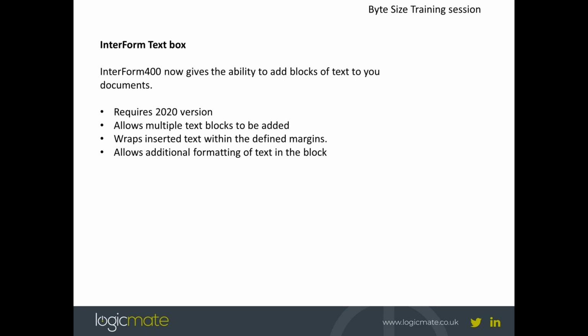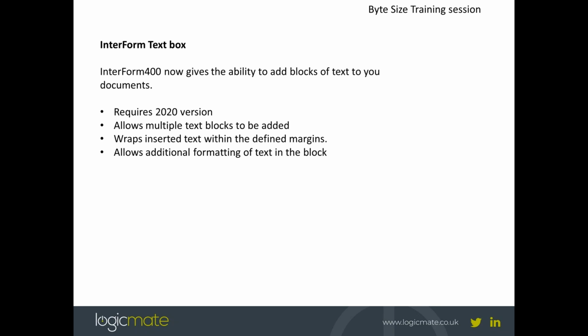You can add multiple blocks of text, so you're not restricted to just one per page. You can add as many as you want. When you insert the text into the text box, you then set the margins and all sorts of other characteristics, and InterForm will wrap that text within the left and right hand margin according to the size of the characters and the number of words.